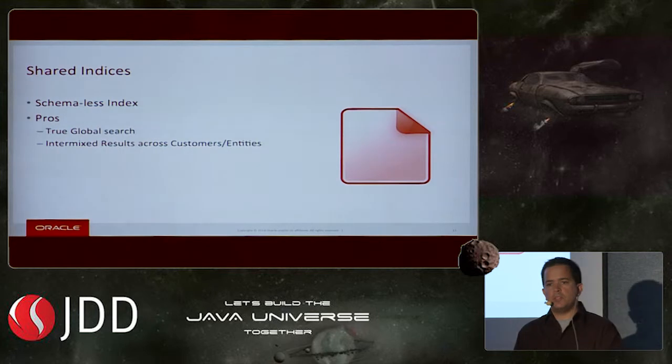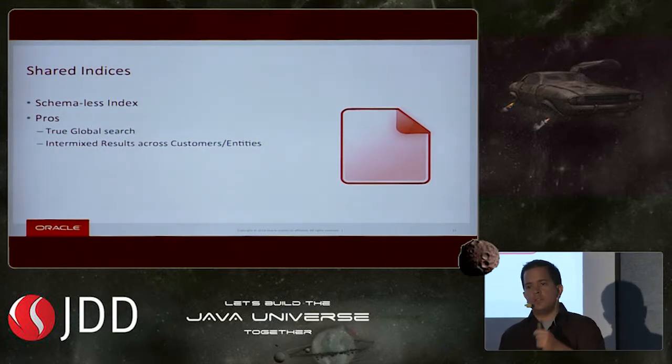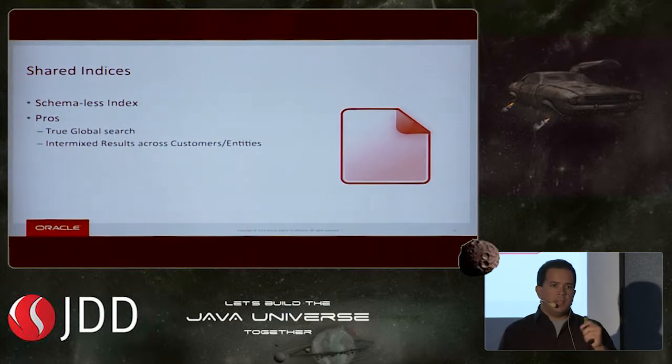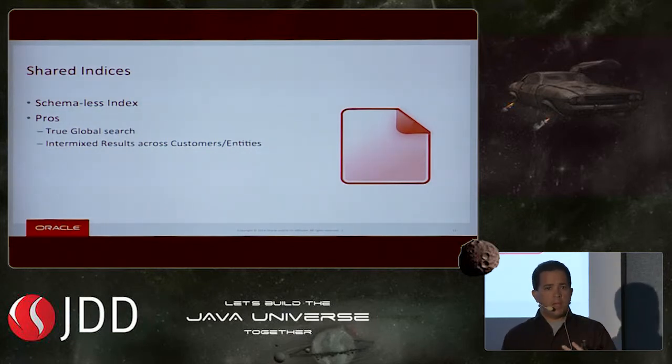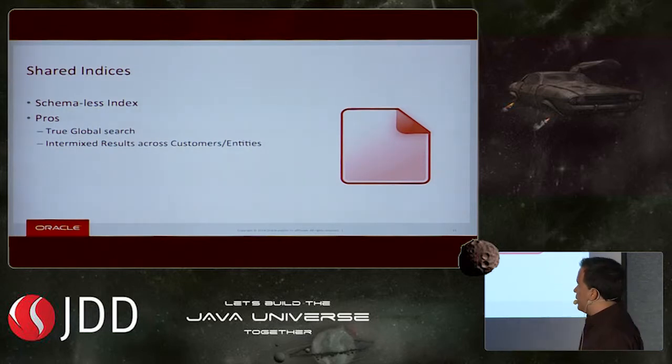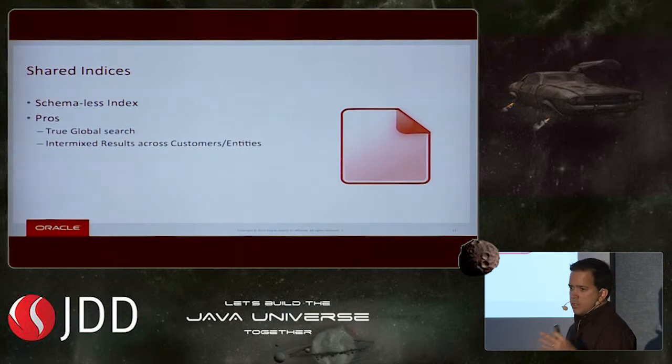So I can really perform a search, and from that search result I can get different types of documents back. I can get a candidate, an employee, an order, everything's kind of mixed together, which might or might not be what I'm looking for. It's really a true global search. I can search across orders from all my customers if I wanted to.